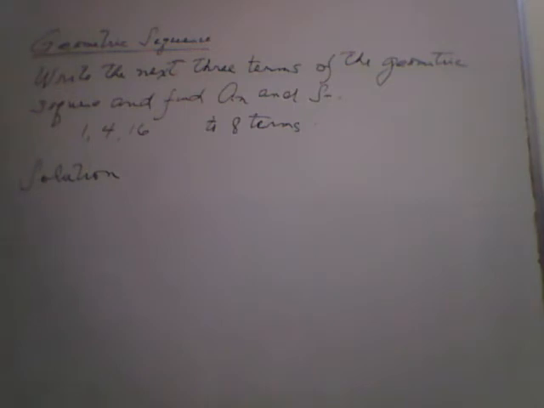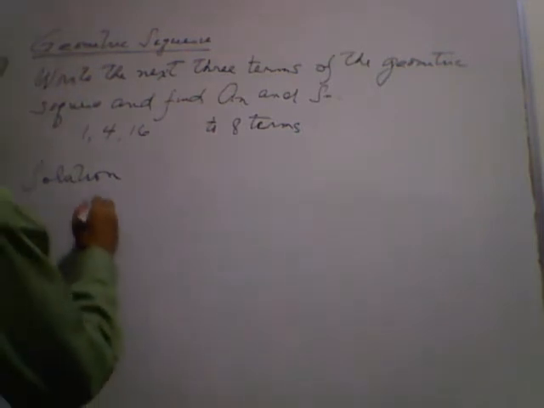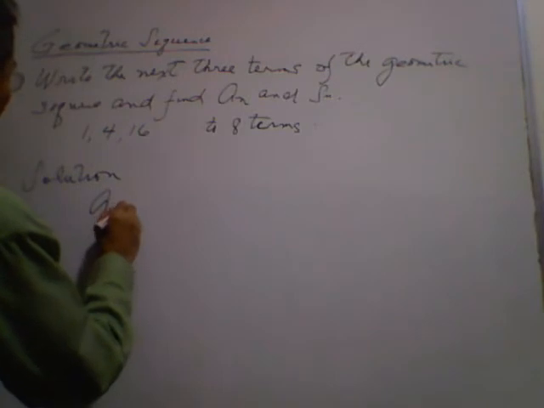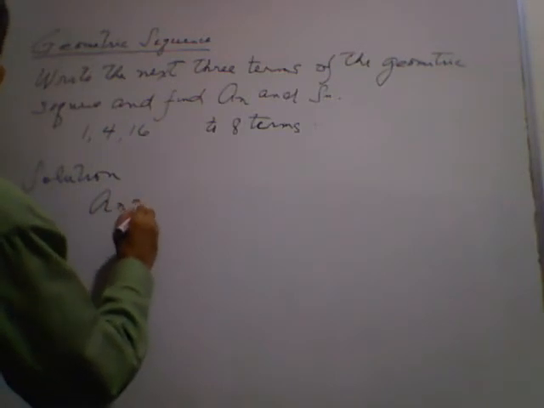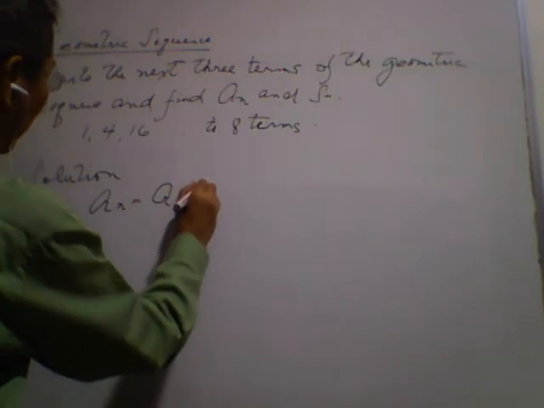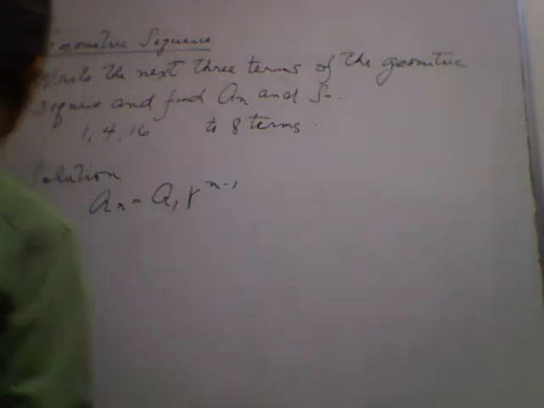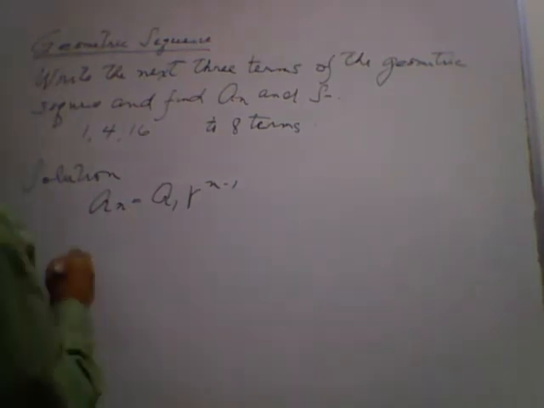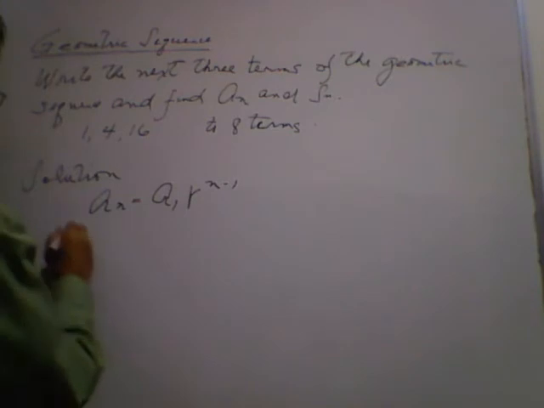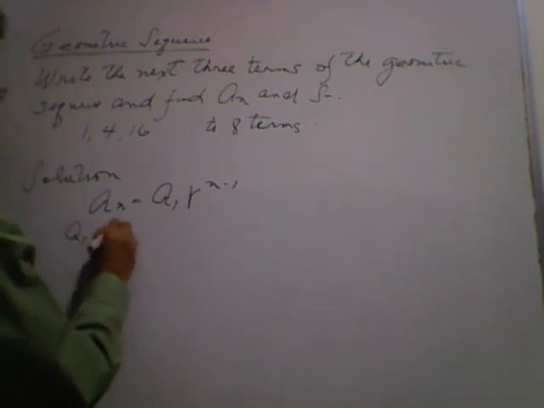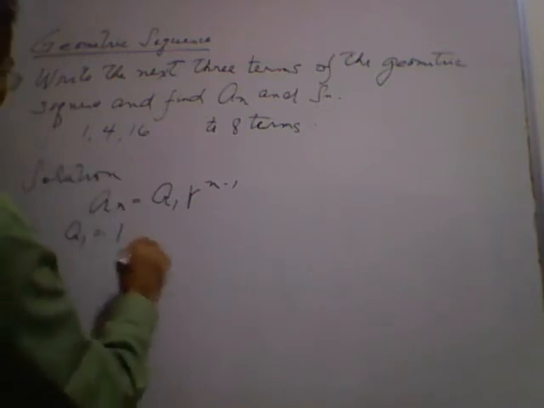For our solution, we now are going to use the A sub n, which is equal to A sub 1 times the geometric ratio to the n minus 1. So, what are given here? We know A sub 1 to be equal to 1, the first term, and A sub n we don't know.